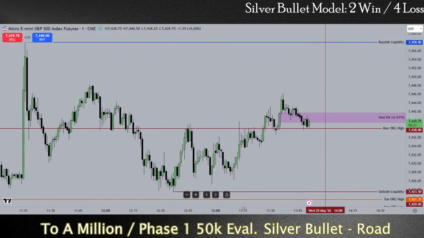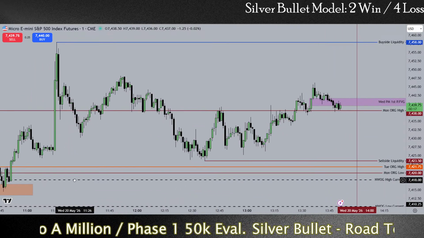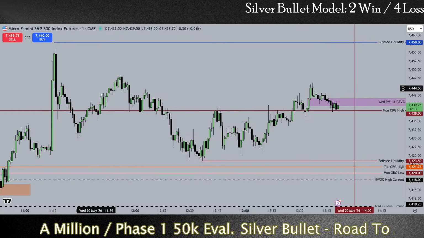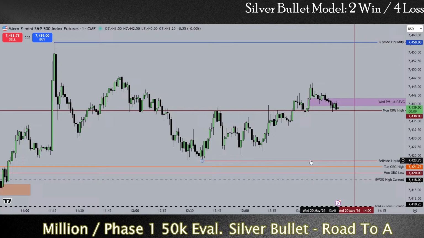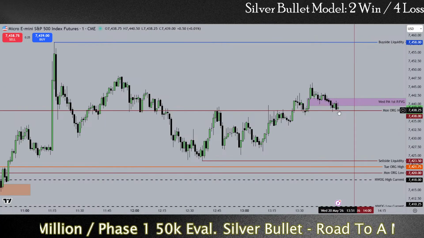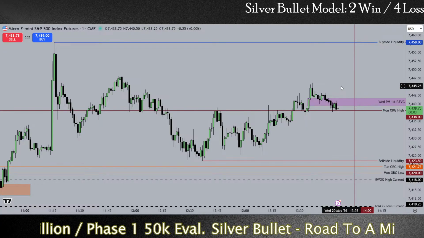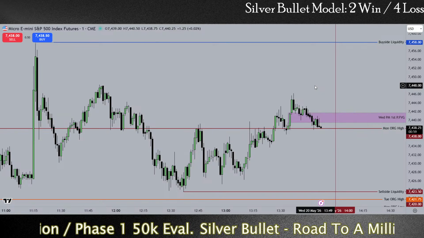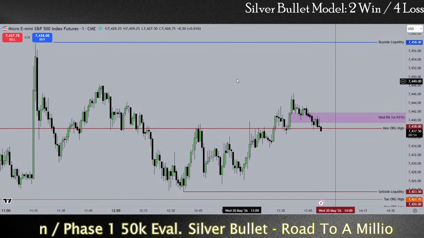Now, considering where we are in terms of the actual range, we are basically in the middle between the buy side and the sell side here. That's probably the least probable place to be at the time, but nonetheless.